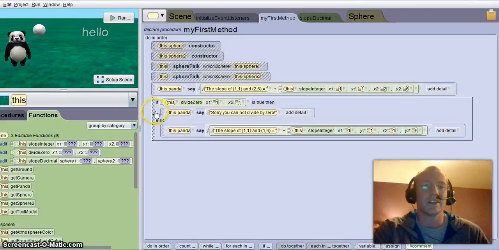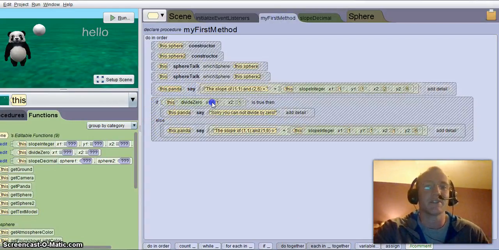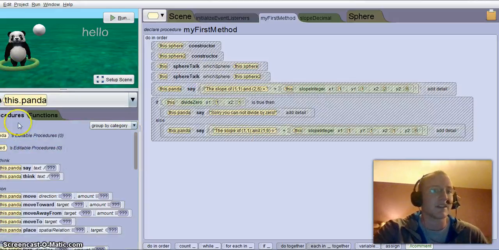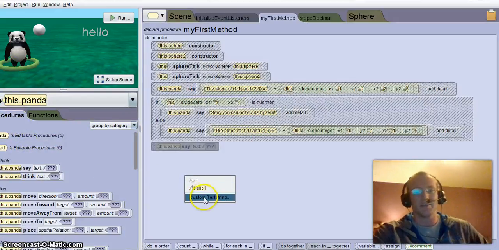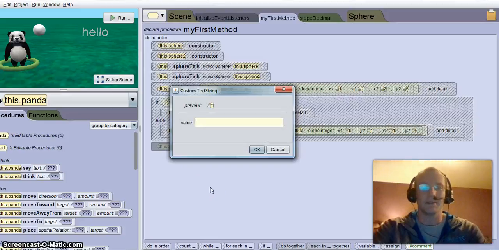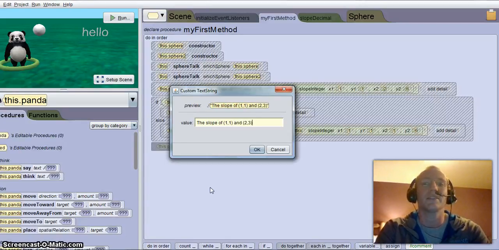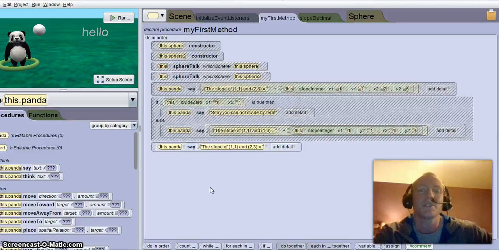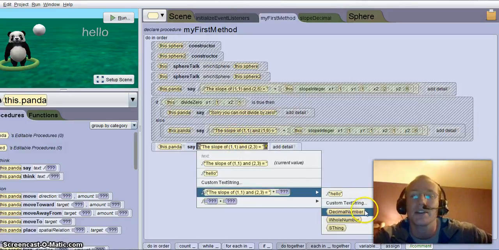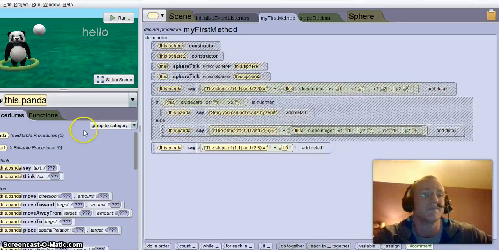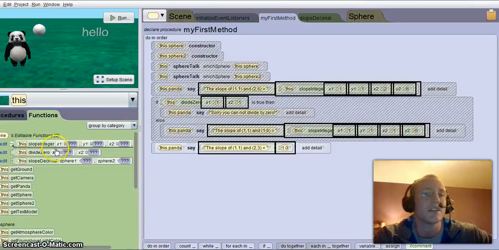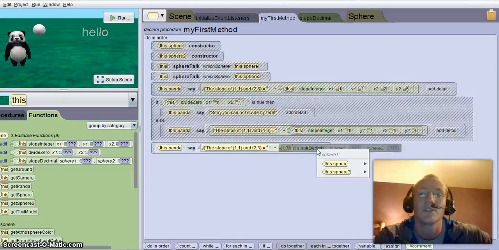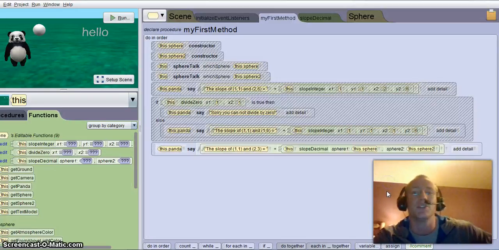Okay, so I'm going to disable these, and I'm going to have the Panda say the slope of 1, 1 and 2, 3 equals, and I'm going to say plus this time a decimal number, and functions in this say slope decimal with sphere and sphere 2.